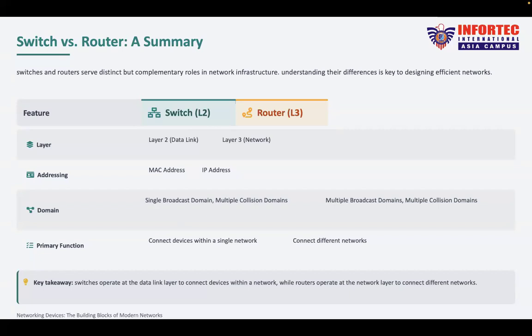But when it comes to a router, it's multiple broadcast and multiple collision domains. The primary function of a switch is to connect devices within a single network, and a router connects different networks. So that is the main difference between a switch and a router.